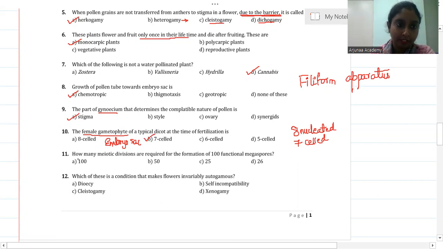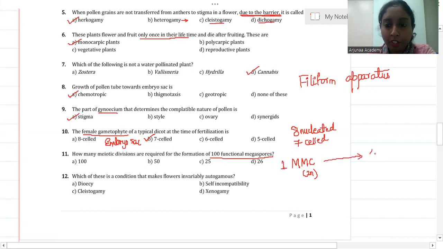Then 11th question. How many meiotic divisions are required for the formation of 100 functional megaspores? How will these megaspores be produced? We have to look into it. The megaspore mother cell, MMC, is diploid in nature, and one single megaspore mother cell will give rise to 4 megaspores.